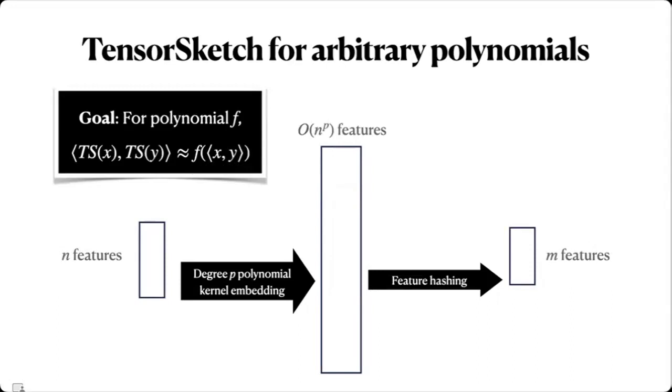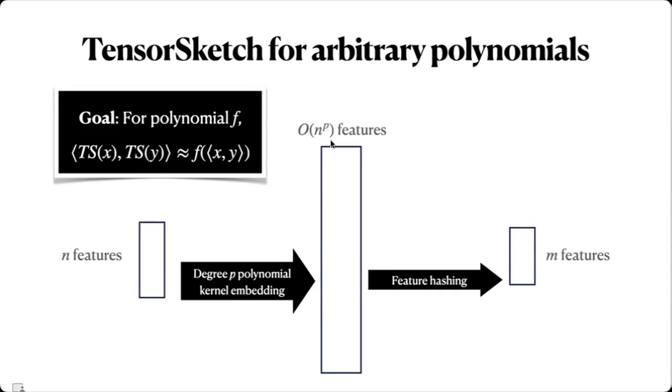And it's easy to see in principle that this is possible, because there are embeddings that give you exactly this property if you go to high enough dimensions. So basically there exist embeddings that increase the number of dimensions from n to the power p with the property that you get dot products.